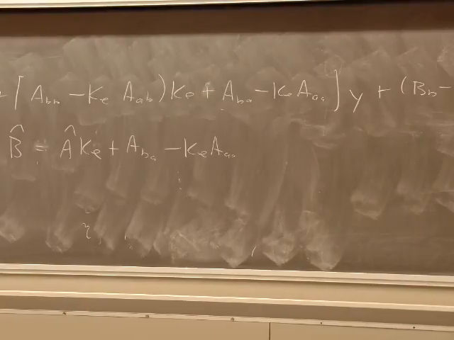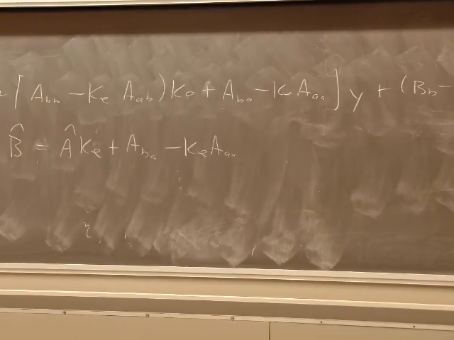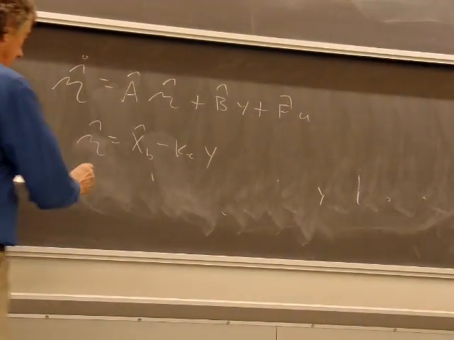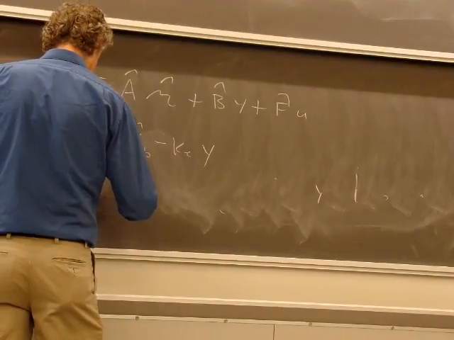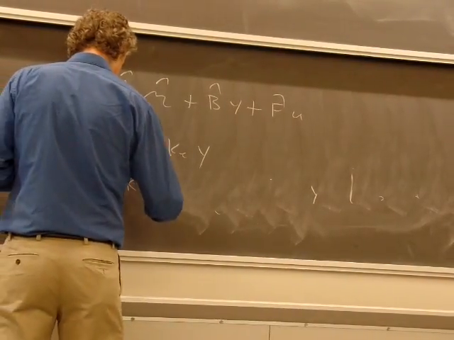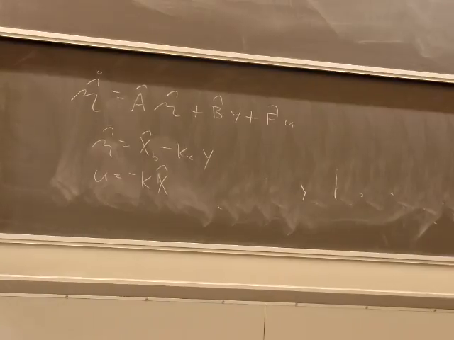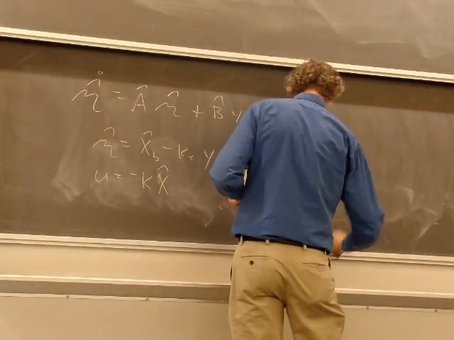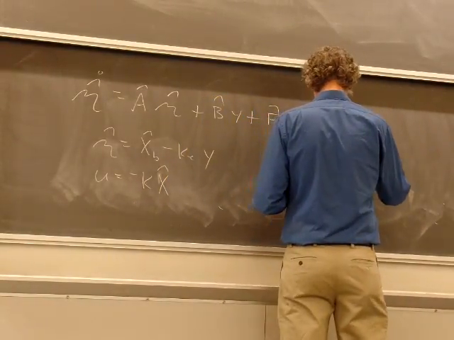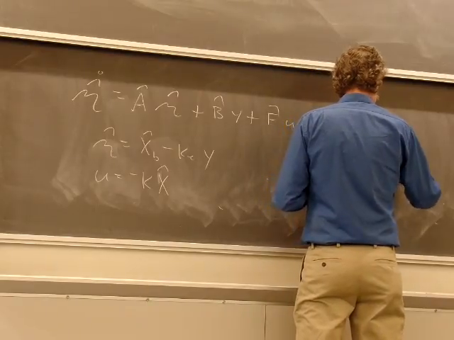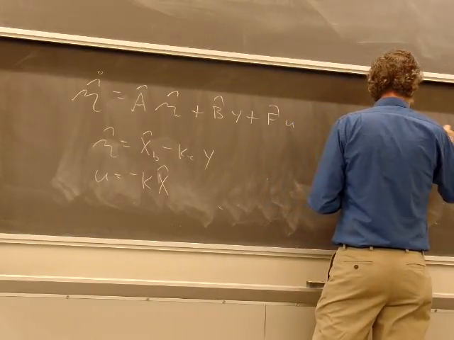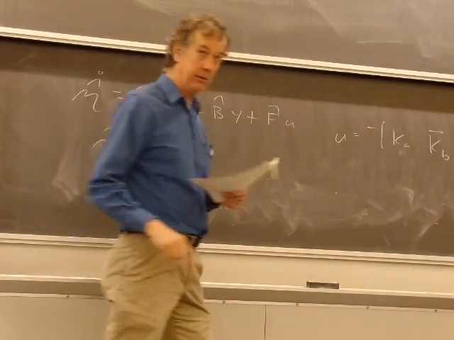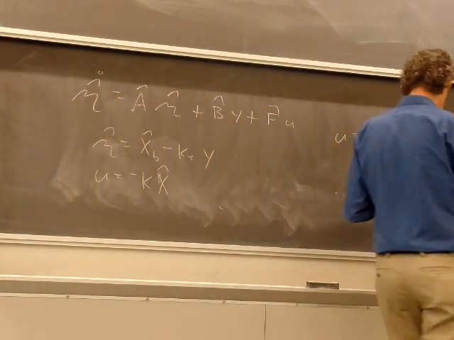And eta, remember, is xb hat minus Ke y. That's the definition. And u is still theta dash hat. If you look at that, this is Ka, Kb. Ka is from our known state. Kb is from our unknown ones.